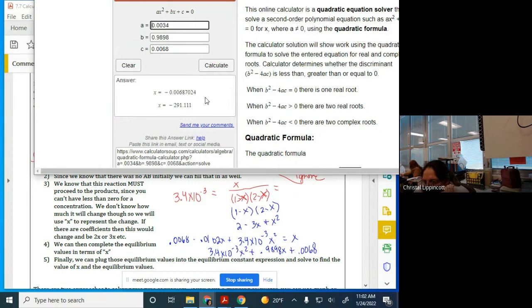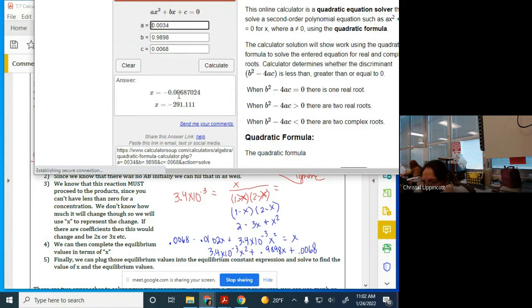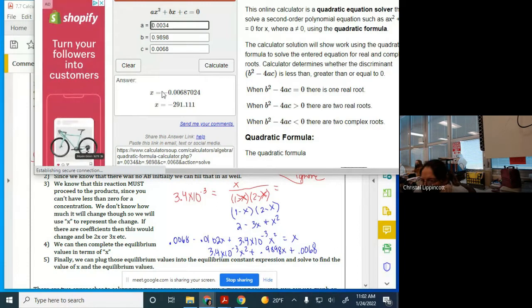Cross our fingers. Okay, so there's the one answer. And here's the second, because when you do your quadratic, you come up with two answers. So do you see how by ignoring that x, it really didn't have any impact on our answer? We could go through the quadratic, but we're pretty much coming up with the exact same thing. Here is the other answer.